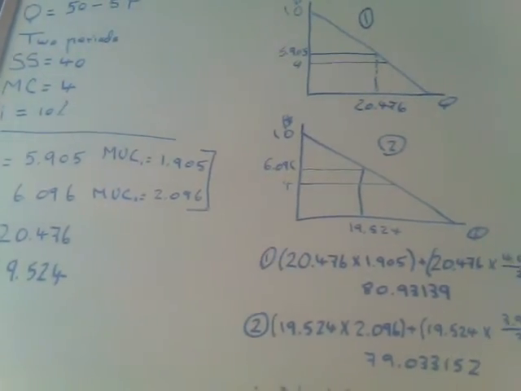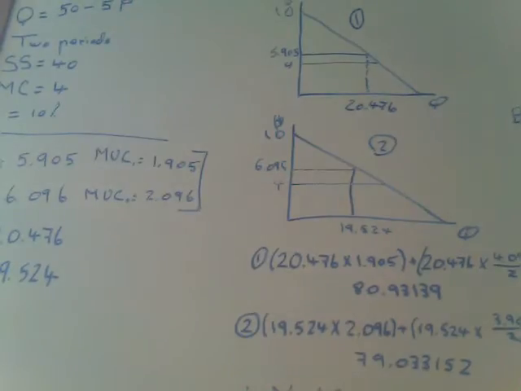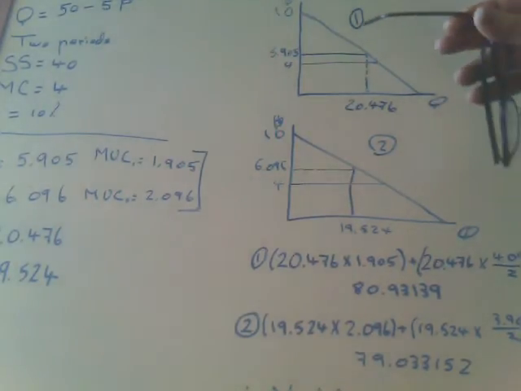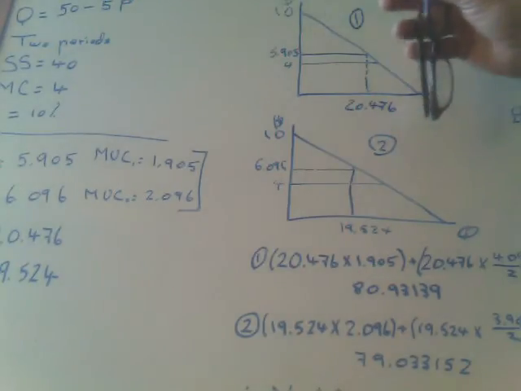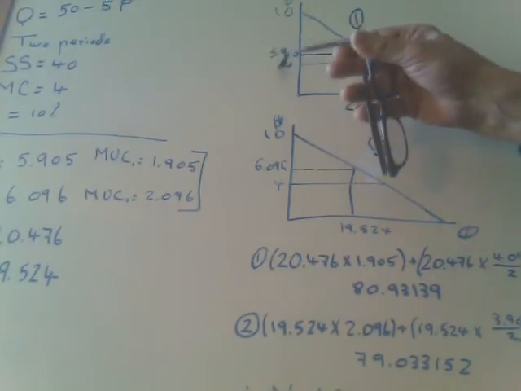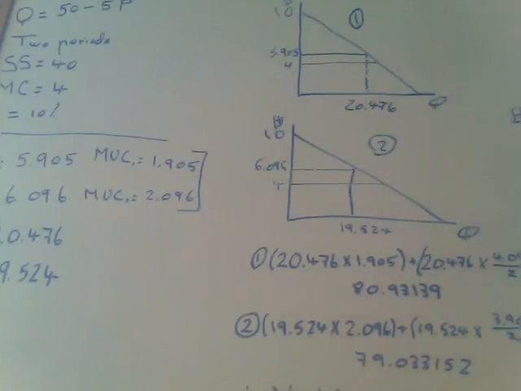Well, if you still recall, before we go through this, let me remind you one more time. We said that in order for it to be sustainable, the first period must not grow at the expense of the second period. That's to say, the total benefit of period 1 must not be greater than the total benefit of period 2.